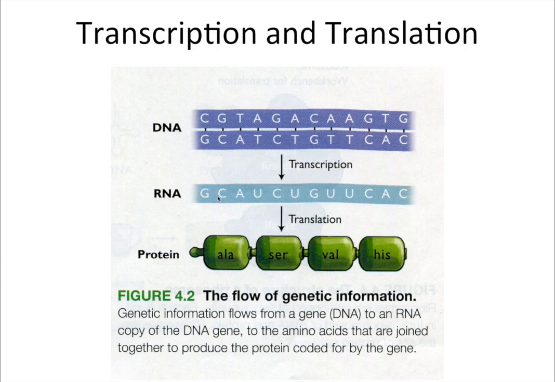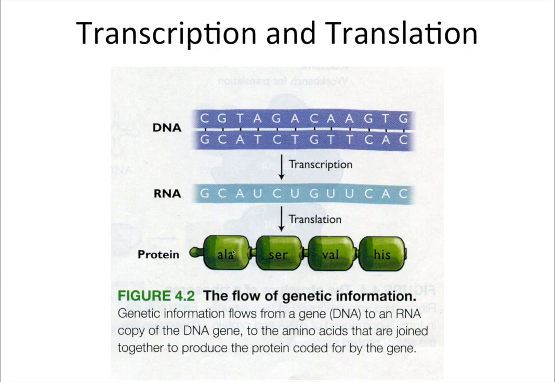Once you go from RNA, that goes through the translation process, and you have sequences of 3 nucleotides in the RNA structure. Each sequence of 3, which is known as a codon, corresponds to an amino acid.